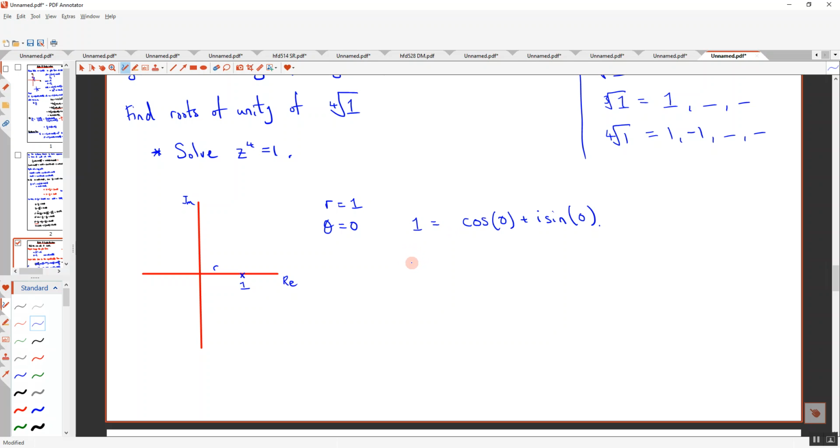So we want the fourth root, so I'm going to put all of this to the power of 4, but I also have to add on to my argument 2 pi n, okay? And I'm raising it to the power of 4, so it's all of that over 4. So I've kind of done that in 2 steps, so I hope that's okay.